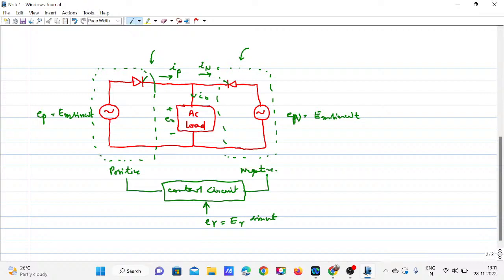But before going to that, here it is based on the AC load requirement. We have to see whether it is a rectifying action or an inversion action that is going on. Okay, that part I will show you. So this discussion is based on the load displacement angle.